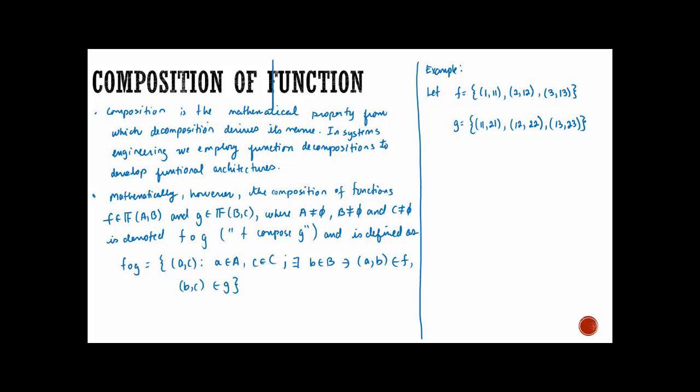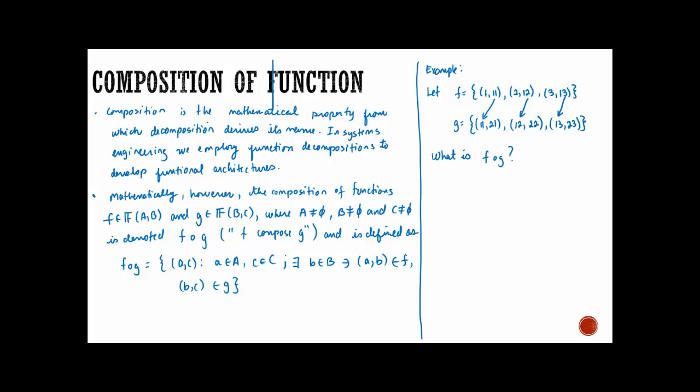So if I ask you what is this composition of function f∘g, then you will see that there's a mapping between these two functions. Alright, (1, 11), (11, 21), (2, 12), (12, 22). So this number is the domain of the next function, this number is the domain of the next function, and this number is the domain of the next function.